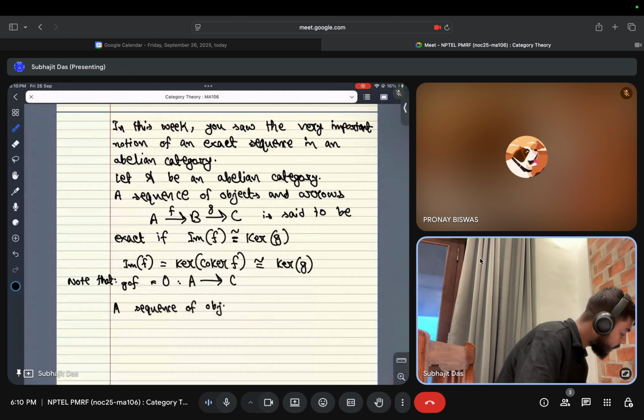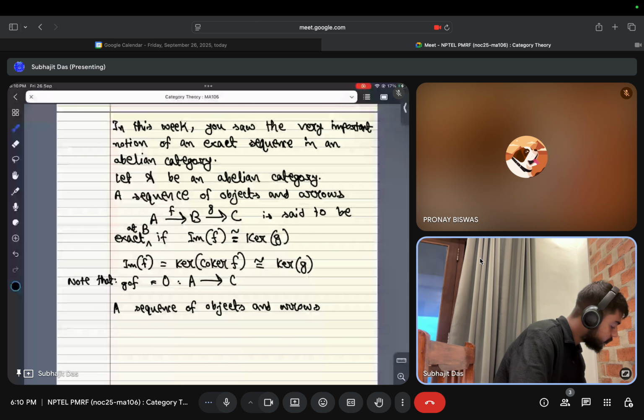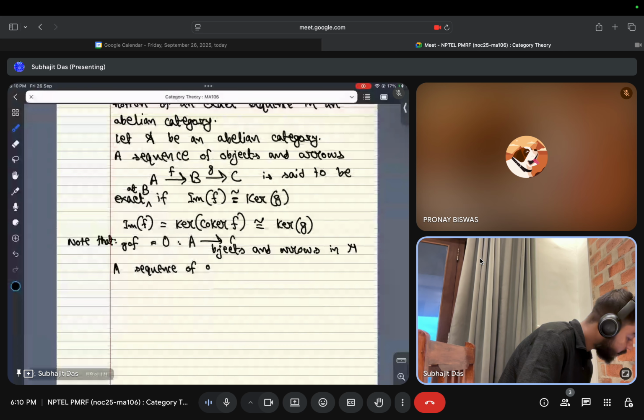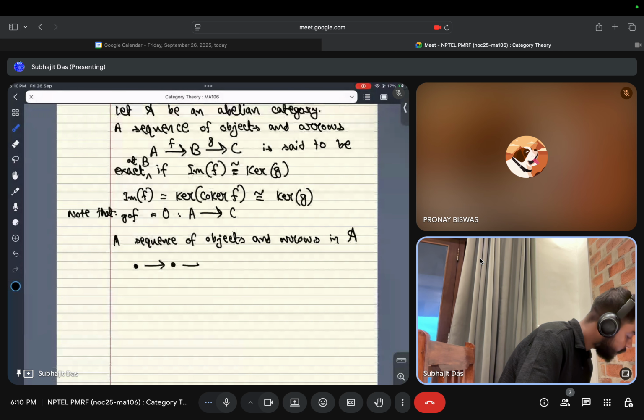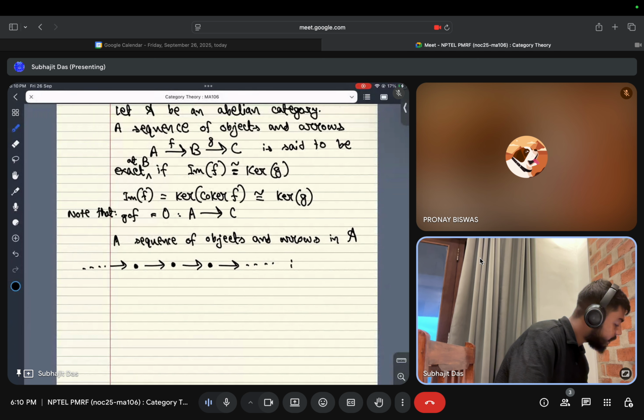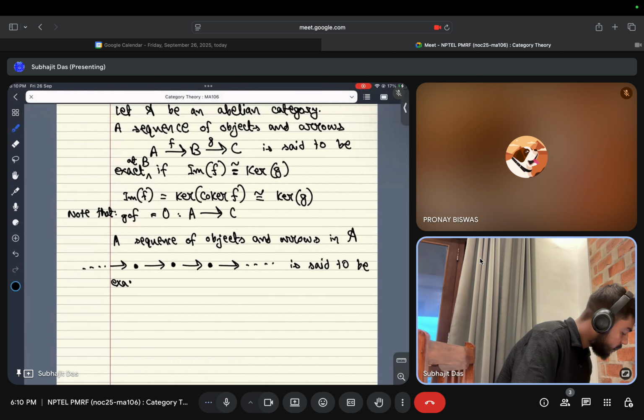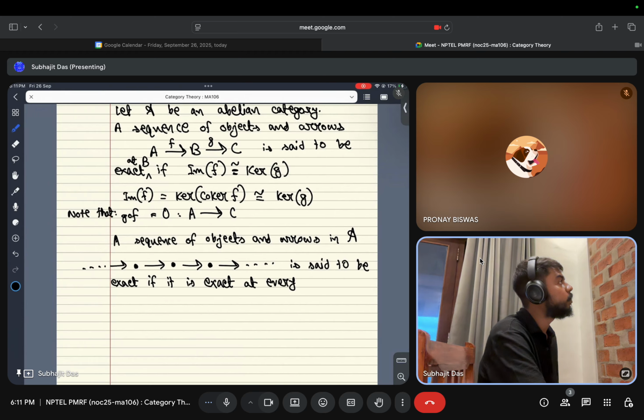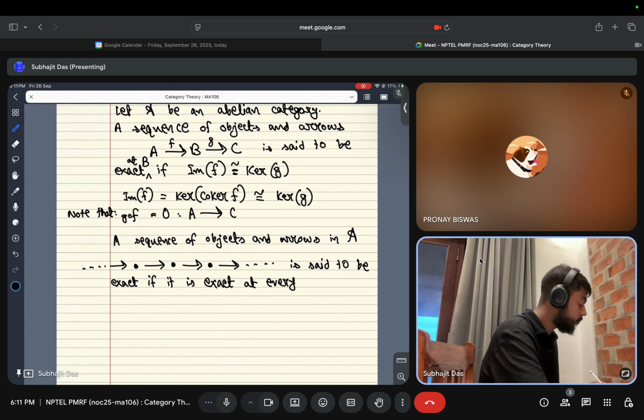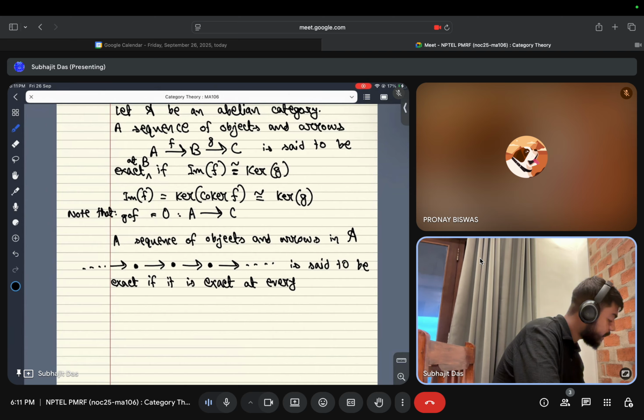A sequence of objects and arrows in A of this form, an object, an arrow, an object, an arrow, an object, an arrow, and so on, is said to be exact if it is exact at every internal object.